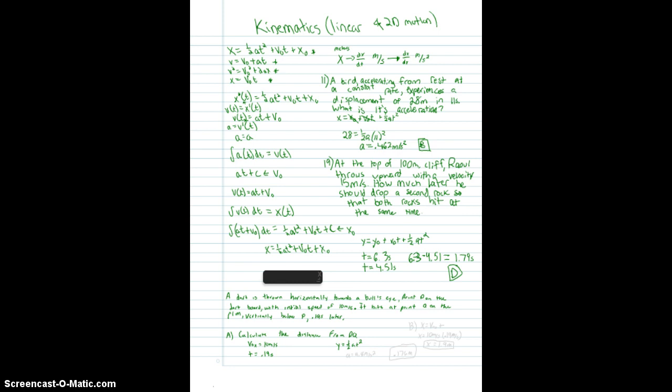If we plug in our values, knowing a is 9.8 meters per second squared because of gravity, we get a displacement of 0.176 meters.